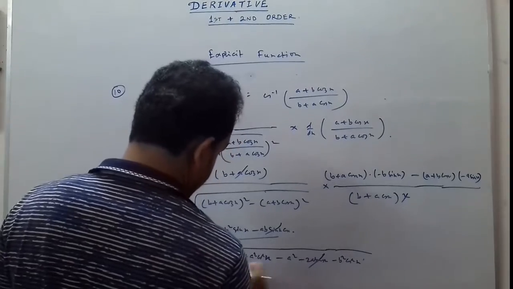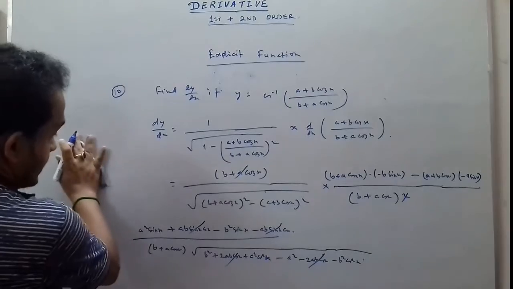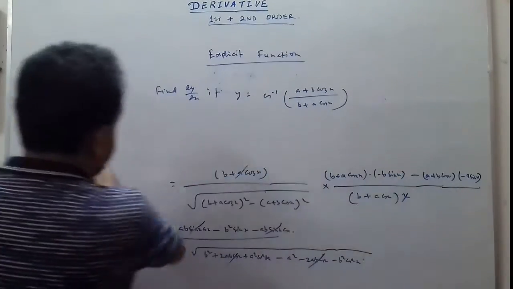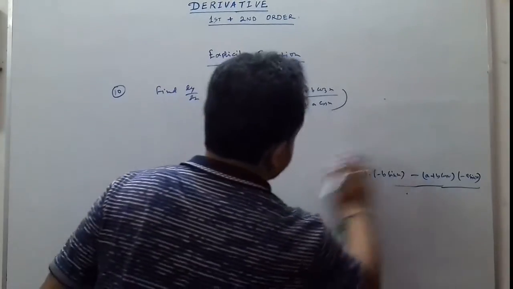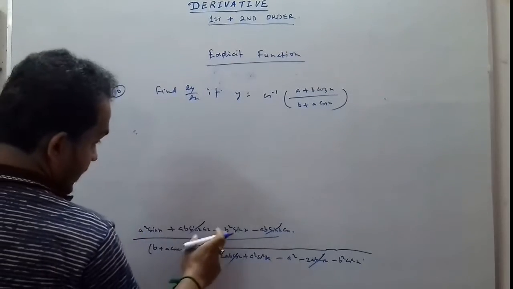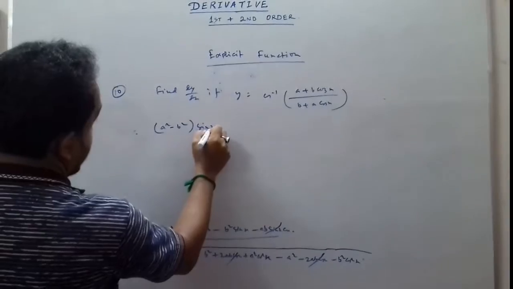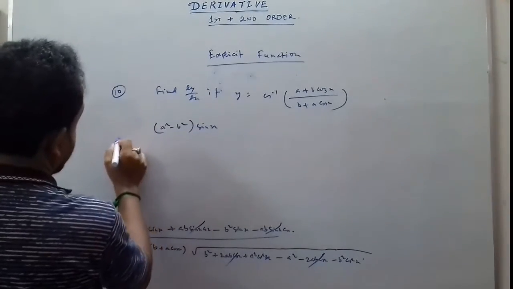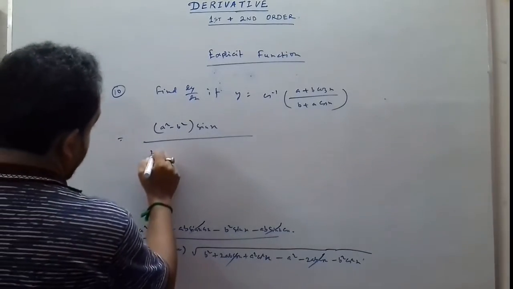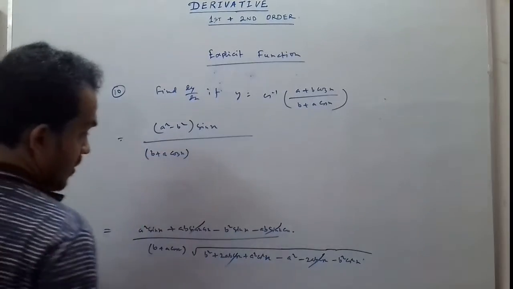So this part cancels, so we get a square sin x minus b square sin x. So (a square minus b square) into sin x divided by b plus a cos x.